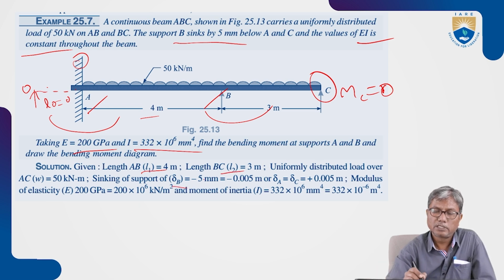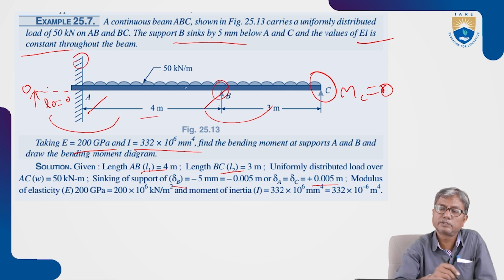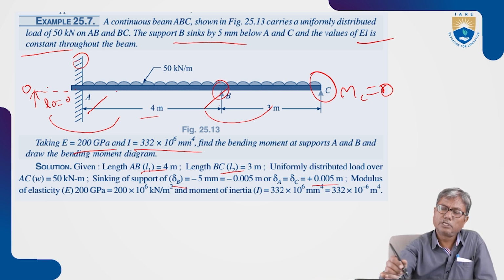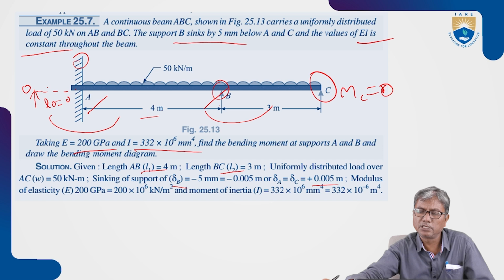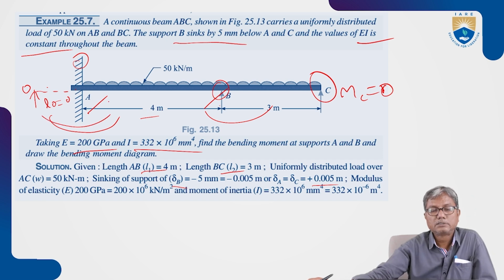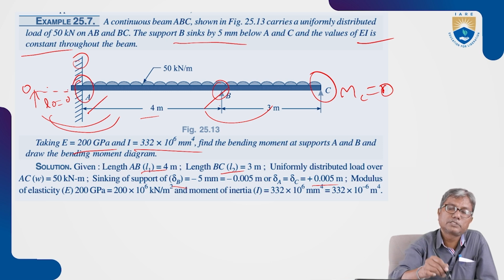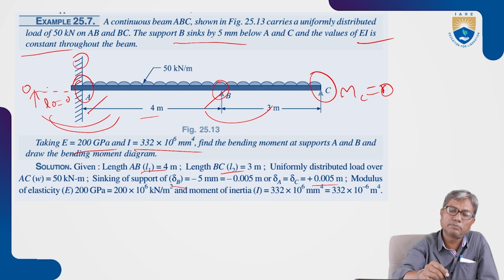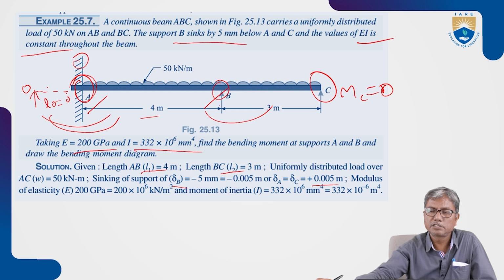And sinking of support B is 5 millimeters. So here delta A and delta C are plus 5, because when you consider AB and BC, the common support is B, so delta A and delta C will be positive because they are above the level of B. But when you consider OA and AB, the common support becomes A, and delta B will be negative because it is below the common point A. B is sinking down, isn't it?